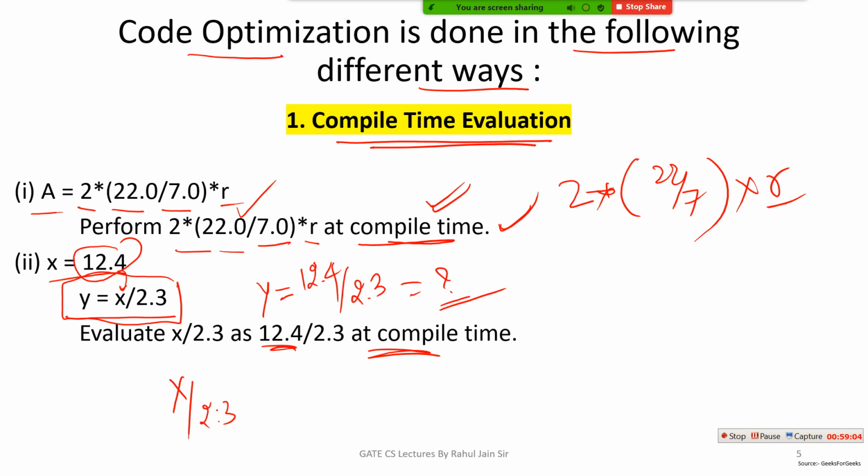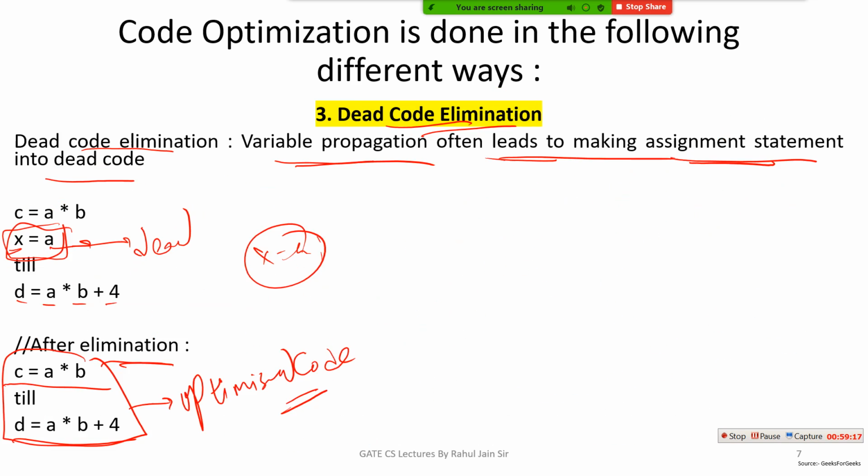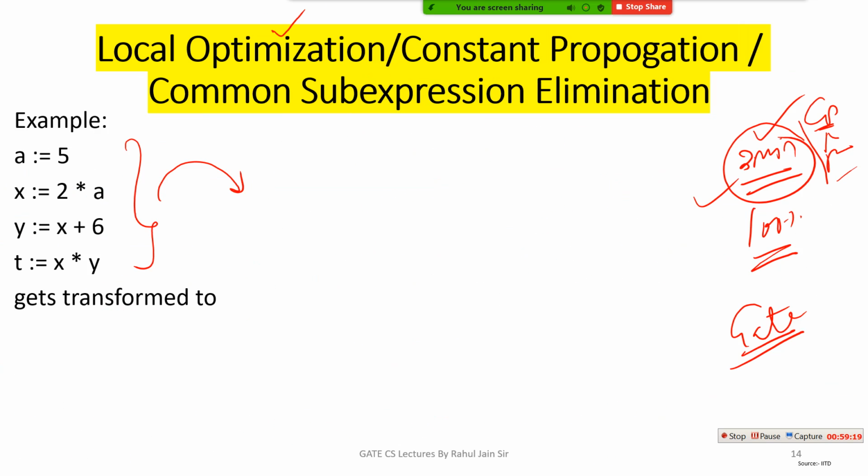Here you can observe, in compile time evaluation I have directly put the value 12.4 and calculated the result, because this is one of the techniques which I can do at compile time evaluation, right? So you can apply this technique as well. There are 5 techniques, right?